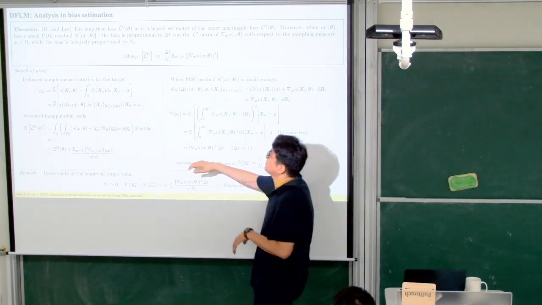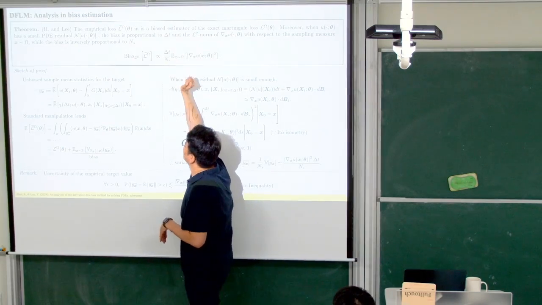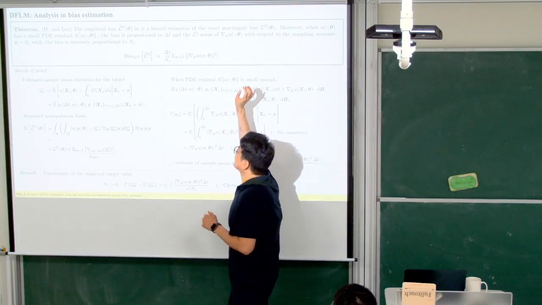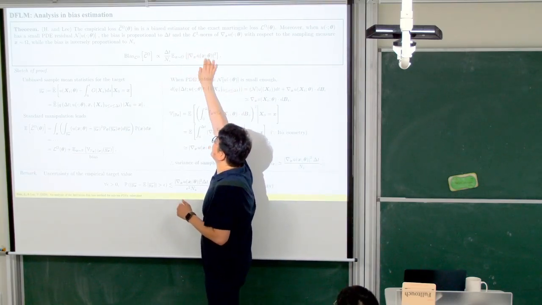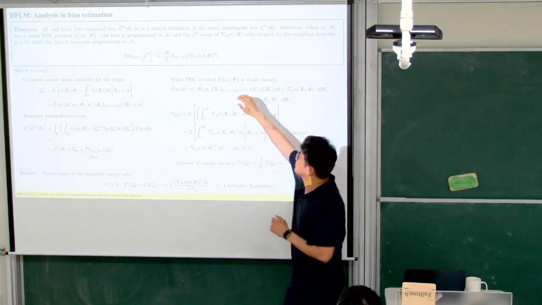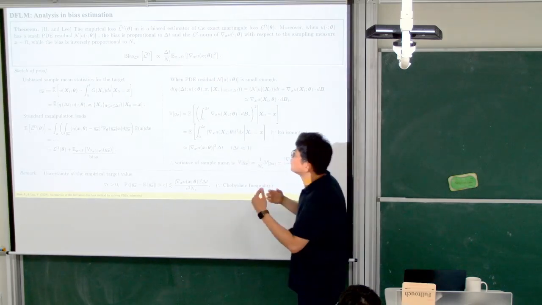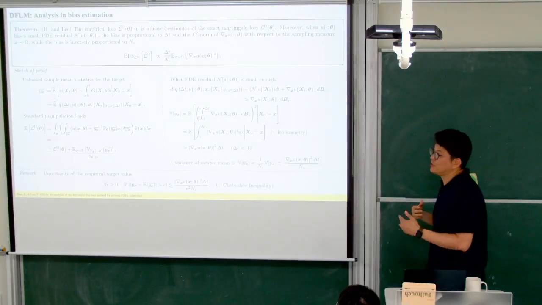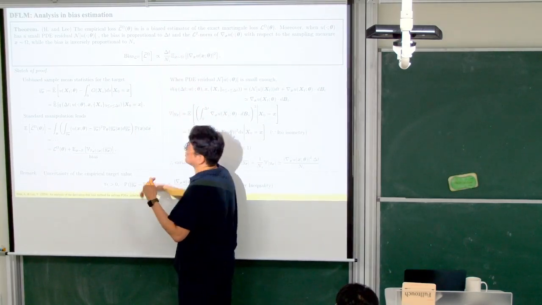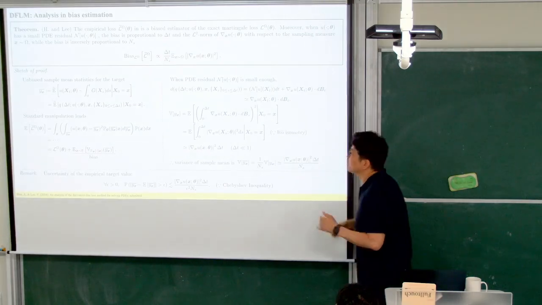The bias term is proportional to the time and inversely proportional to the number of samples, and its size depends on the gradient of the solution u. So when you choose the parameters, you have to consider this ratio, time over the number of samples, appropriately.